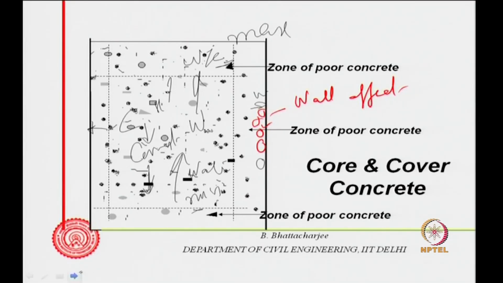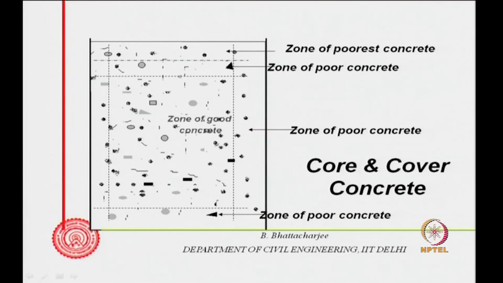So, therefore, what will happen? You will have poorest concrete right up there, because of maximum water cement ratio there. There will be evaporation, shrinkage, and all those effects. So, therefore, the zone of good concrete is somewhere here, and the zone of poor concrete is there, and poorest concrete is there.